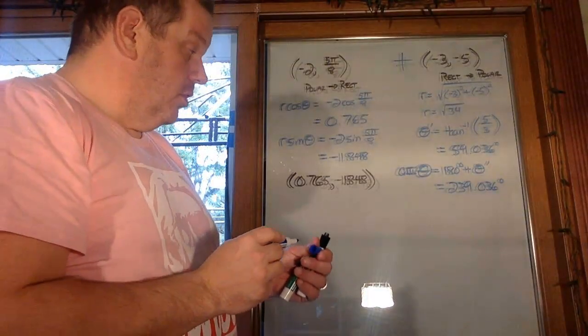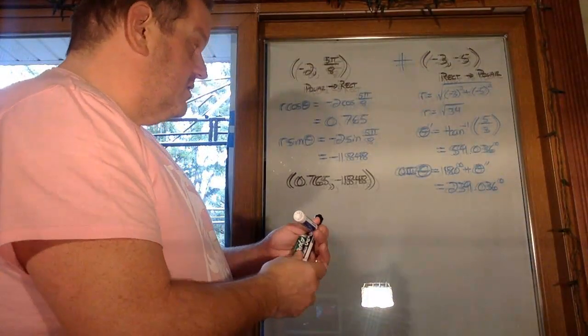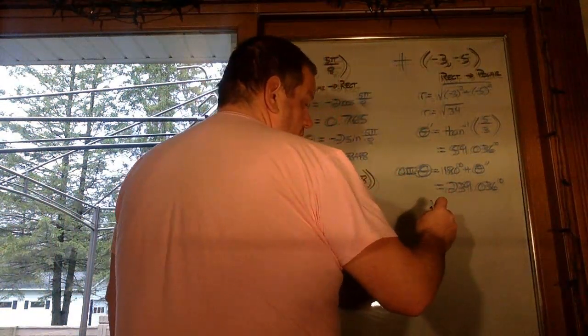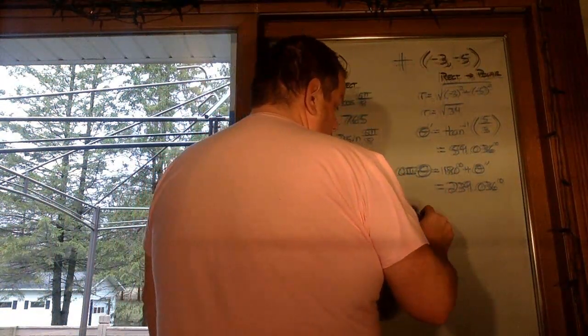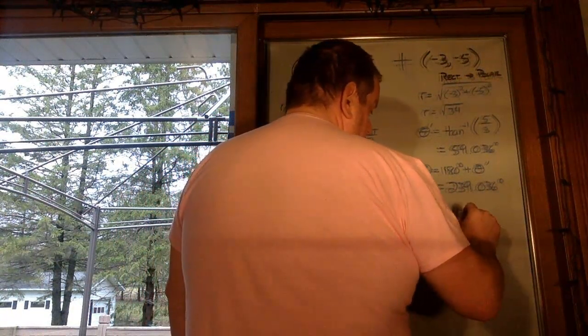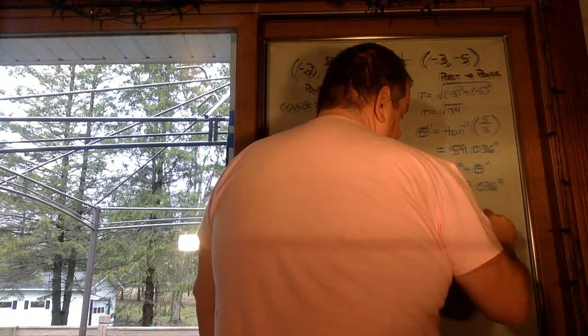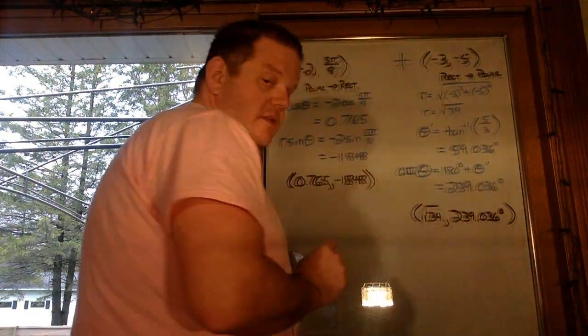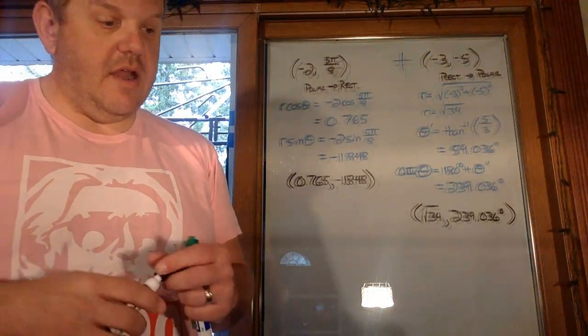So my polar point for this particular -3, -5 rectangular point would be the square root of 34, 239.036 degrees is what you should have gotten there.